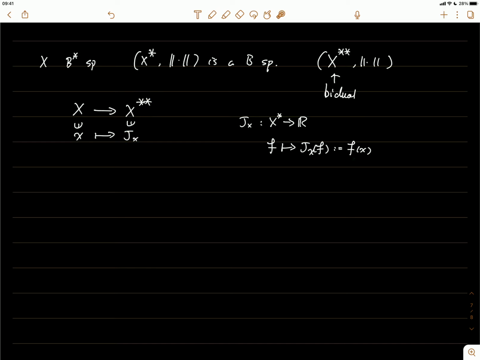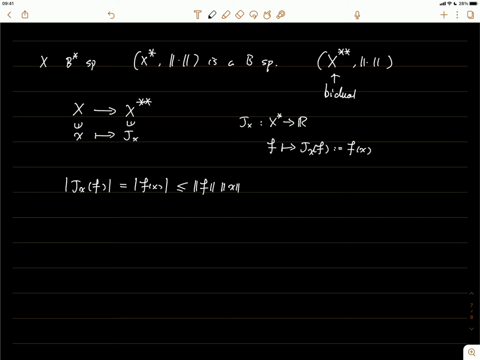One more thing we can notice is that if we look at Jx of f, by our definition it's just f of x. And as you can see, this is bounded by the functional norm of f times the norm of x.